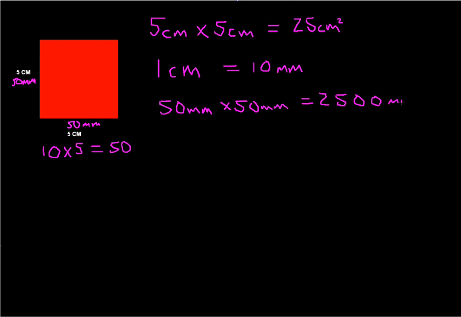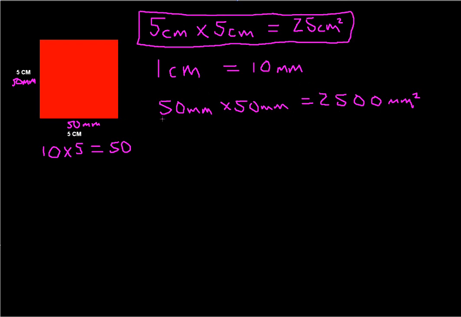So you can see all we've done is convert it from centimetres to millimetres. We know there's 10 millimetres in 1 centimetre, so there must be 50 millimetres in 5 centimetres. And then we've used the same formula as here to figure it out in millimetres. 50 millimetres times 50 millimetres is 2,500 millimetres squared.